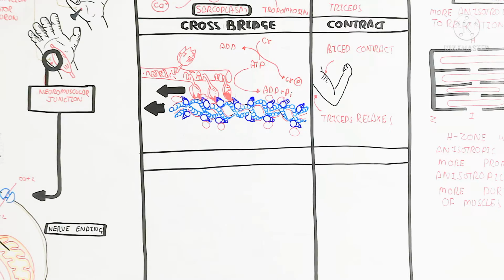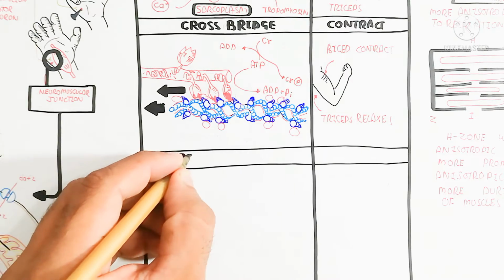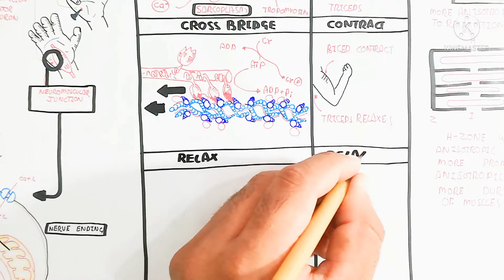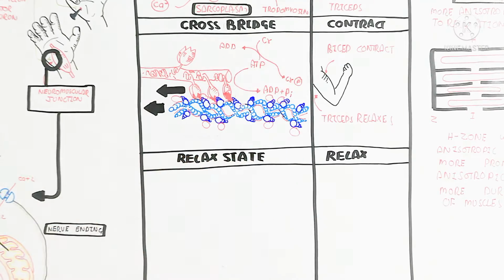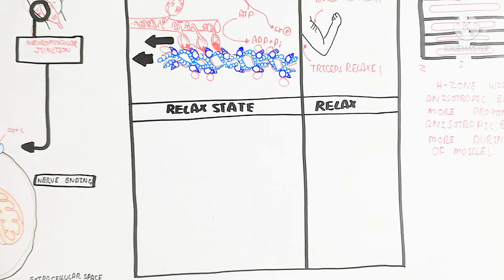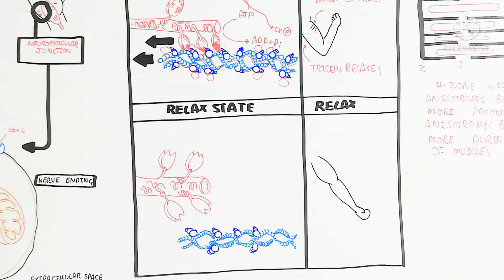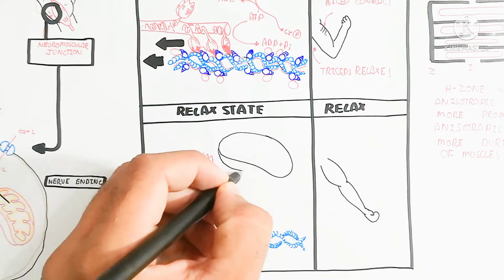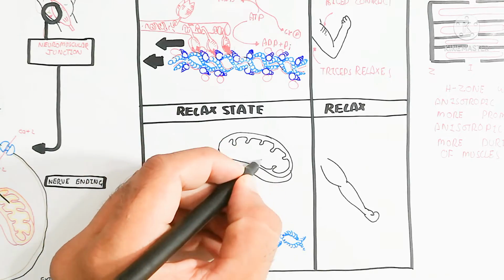Creatine is also important, which is an extra store of phosphate groups. This looks like ATP, which provides the energy for the detachment. If excess ATP is present in the muscle, it will be stored in the form of creatine phosphate.